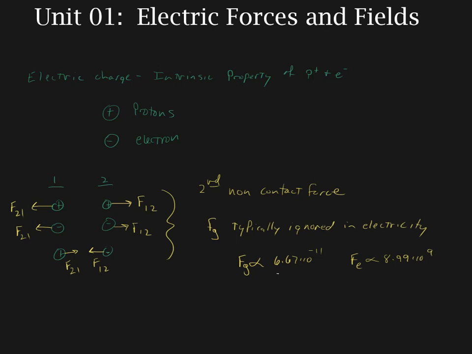You can easily pick an apple up off of the ground. Well, when it comes to electric forces, it doesn't take a whole lot of charge to generate a very large force, and that's even on a small object. And we'll take a look at that more later. The idea is, though, that the gravitational force is very, very small, and as a general rule, it is going to be ignored.